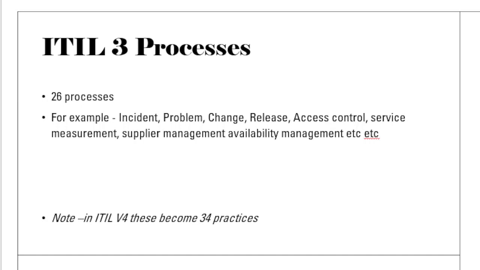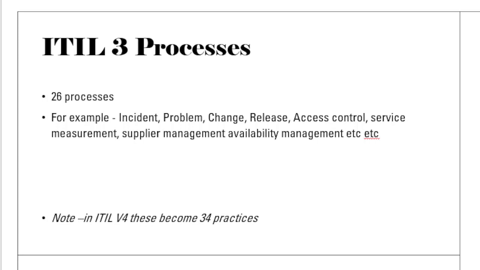But these processes around incident management, problem management, change management, access control, supplier management, and each of those are divided into parts of a life cycle. So there's a strategy, there's a design, there's a transition, there's a service ops, there's a CSI life cycle, and within each one of those sections, there are a whole bunch of processes. There are 26 of those processes.